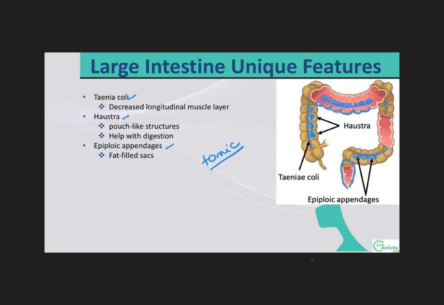However, the stratified squamous epithelium mucosa of the anal canal will connect to the skin on the outside of the anus. And this mucosa varies considerably from that of the rest of the colon, and this is to accommodate the high level of abrasion as the feces passes through the anal canal.